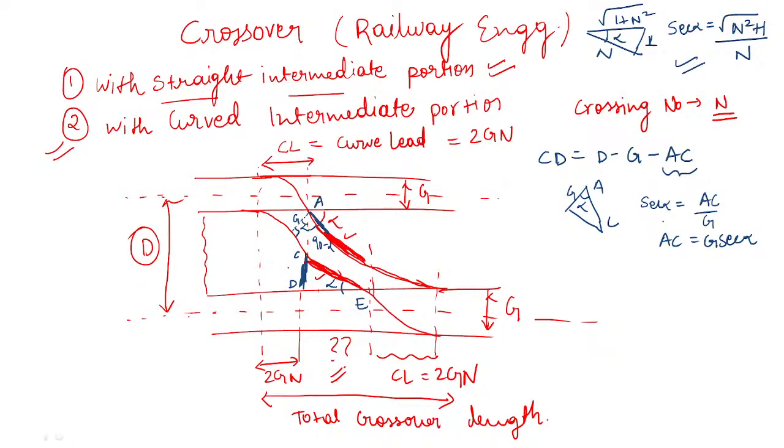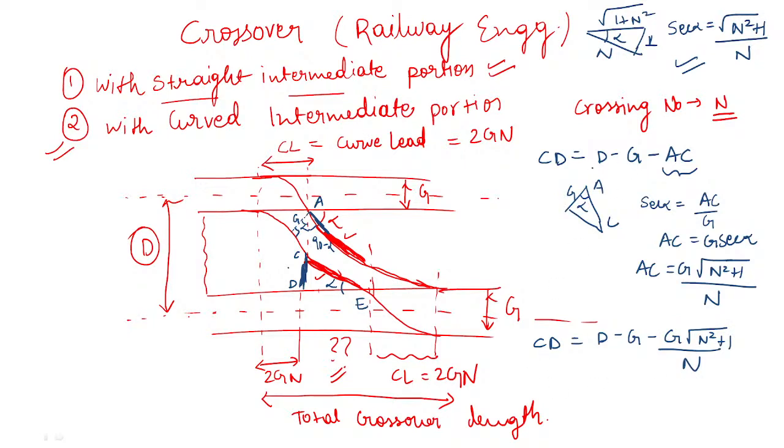That will be the value. So we can say AC is equal to G under root n square plus 1 upon n. Now we can find out CD. CD is equal to D minus G minus G under root n square plus 1 upon n.